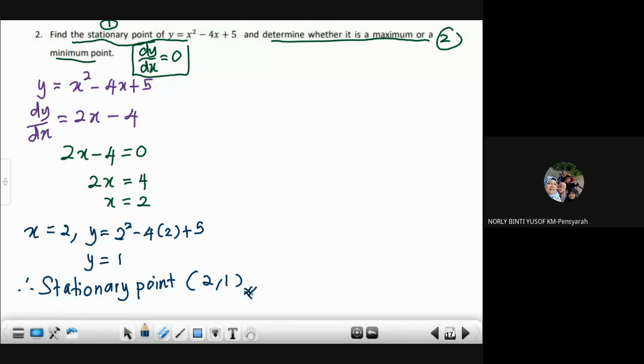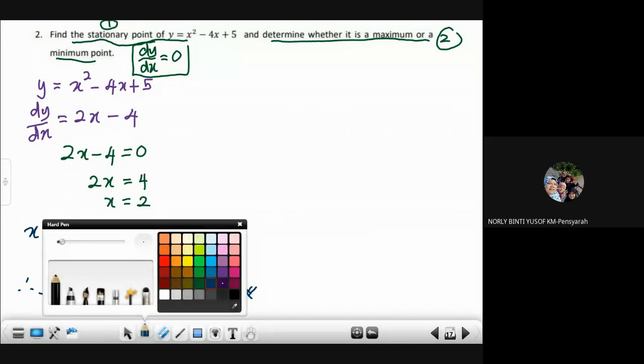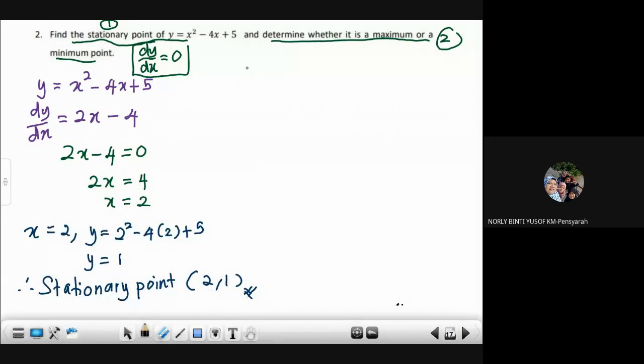Okay, lepas tu soalan yang kedua tanya, determine whether the point is maximum or minimum. Itu yang kita nak guna first derivative test. Walaupun soalan tak cakap guna test apa, tapi sebab kita tengah belajar first derivative, so use first derivative test. Okay, so first derivative test, apa yang you kena buat?